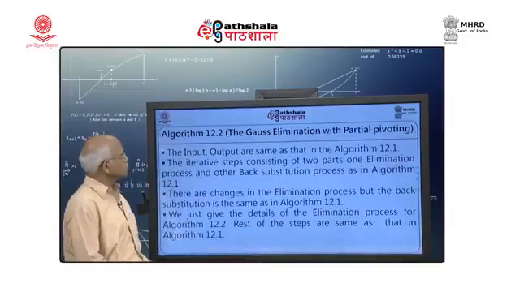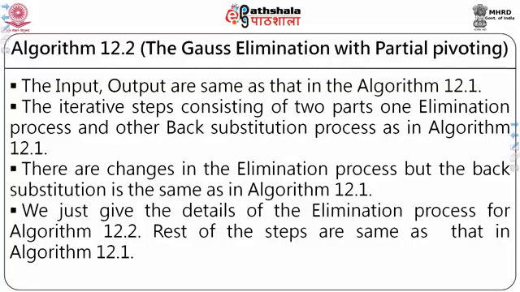So, we get here algorithm 12.2, the Gauss elimination with partial pivoting. This is just a modification of the algorithm. The input and output are the same as in algorithm 12.1, because we are not changing that. The iterative step consists of two parts, the elimination process and the back substitution process, as in algorithm 12.1.